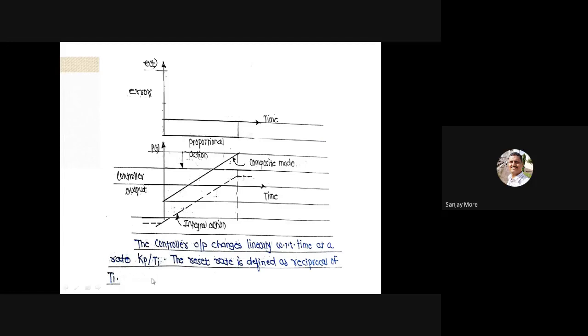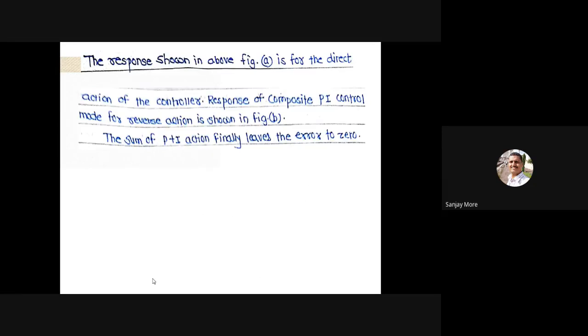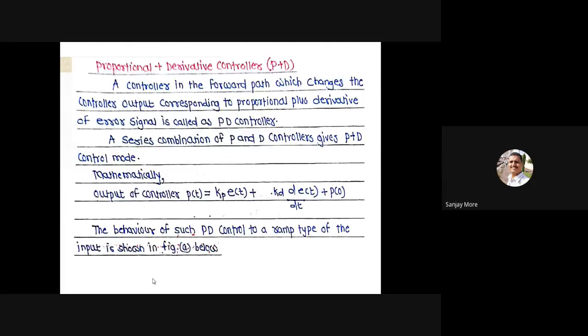Okay, means Kp divided by Ti is the reset rate, the reciprocal of this time. The response is shown in figure A for the direct action of the controller, and the response of composite PI control mode for reverse action is shown in figure B. The sum of PI action finally leaves the error equal to 0. Okay.